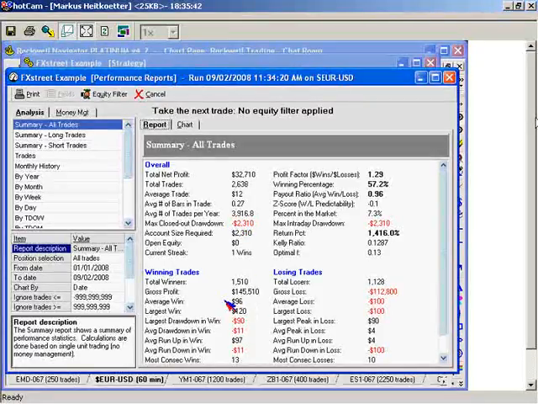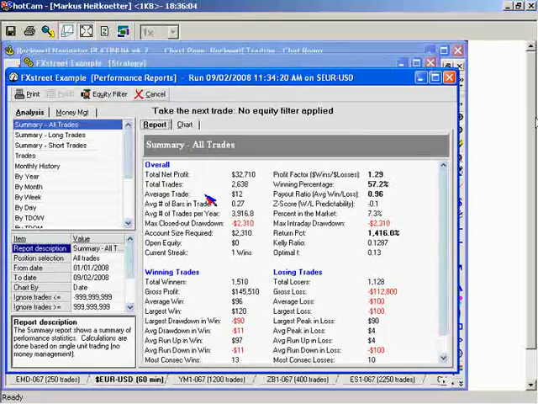And obviously, right now we have a very good ratio between the largest or the average win here and the average loss. So, but let's see if we can find a good balance between the upper half here of our performance report. So the total net profit, the average profit per trade, the winning percentage, the profit factor, and the drawdown, and the lower bottom here.